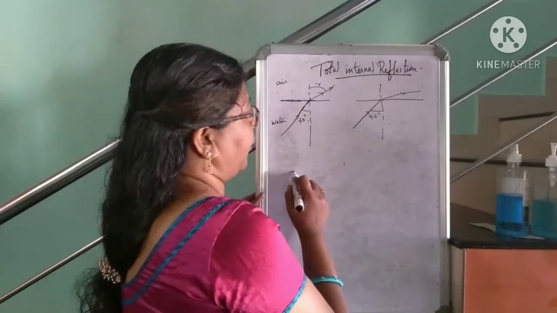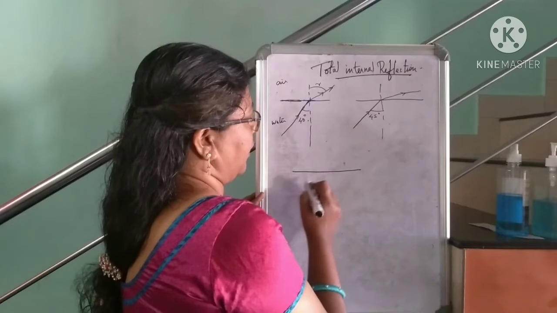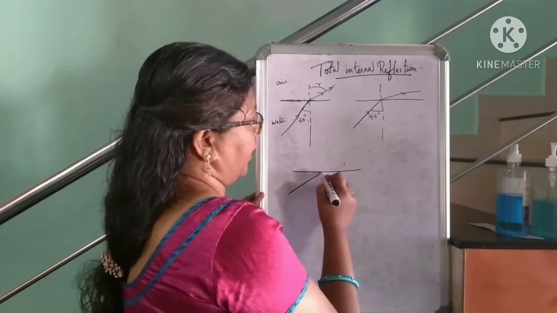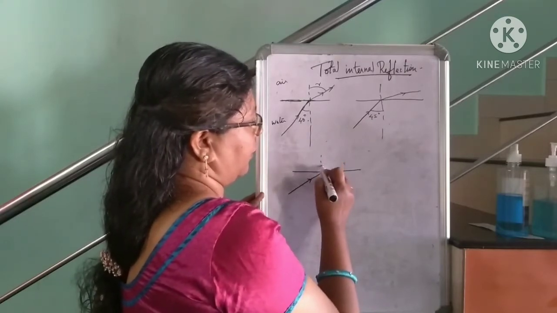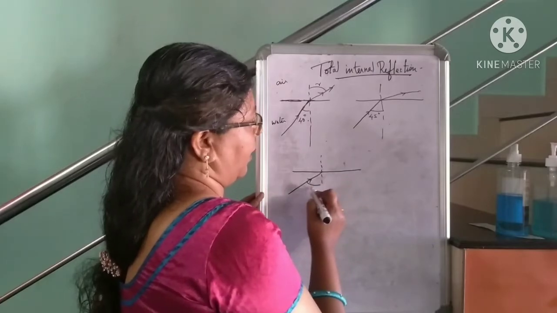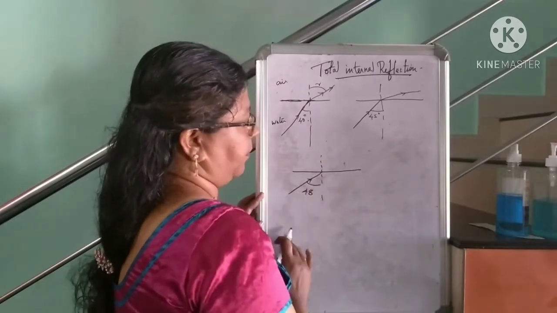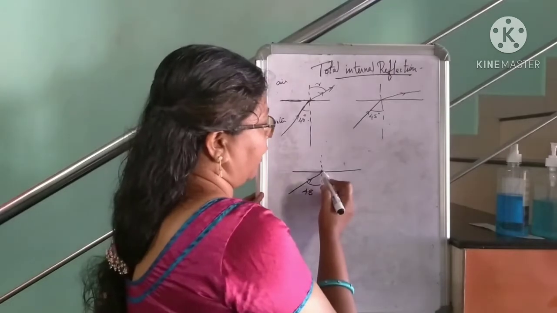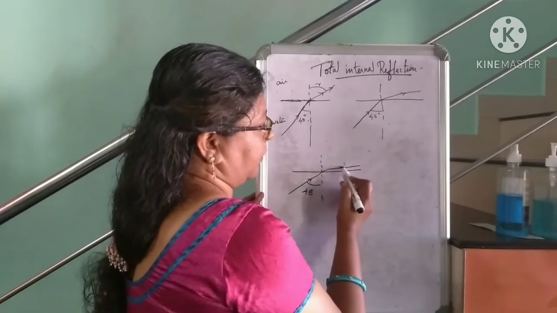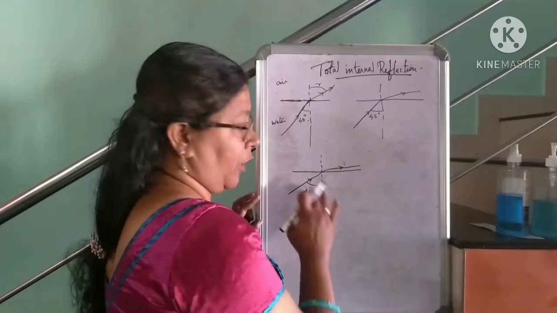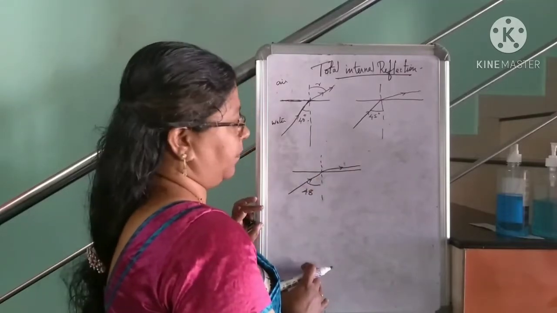Now another figure I am going to draw: the ray of light is falling like this. Let this angle be 48 degrees. Then the ray of light will be like this. The angle of refraction increases.